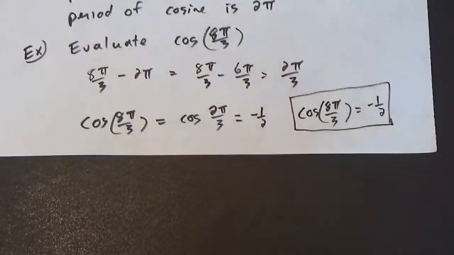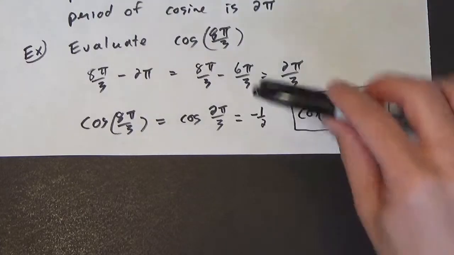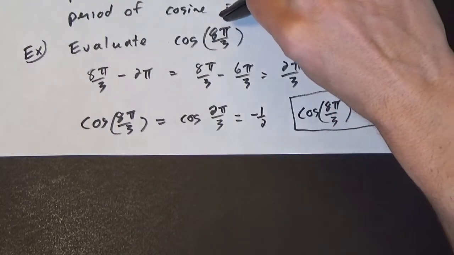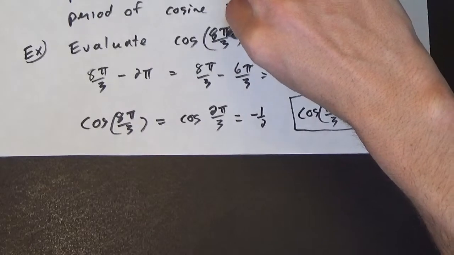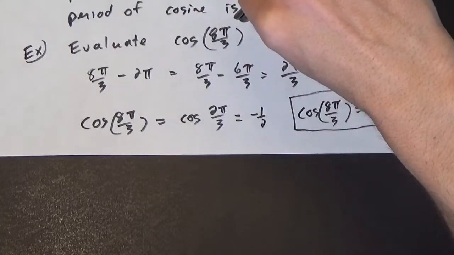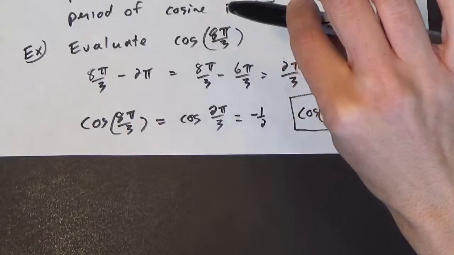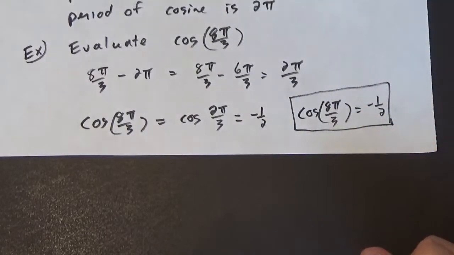And so we use the idea that cosine is a periodic function to evaluate the cosine of an angle using our unit circle and the fact that it is periodic.